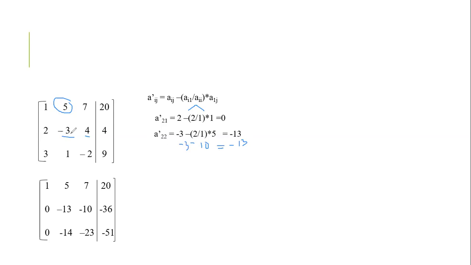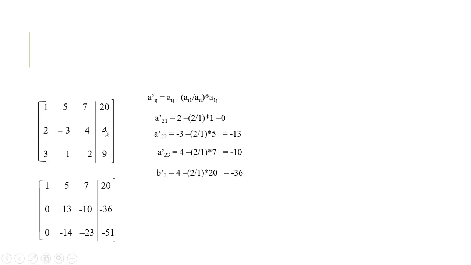A23 will be 4 minus 2/1 times 7. That's 2 times 7, which is 14. So 4 minus 14 will be -10.